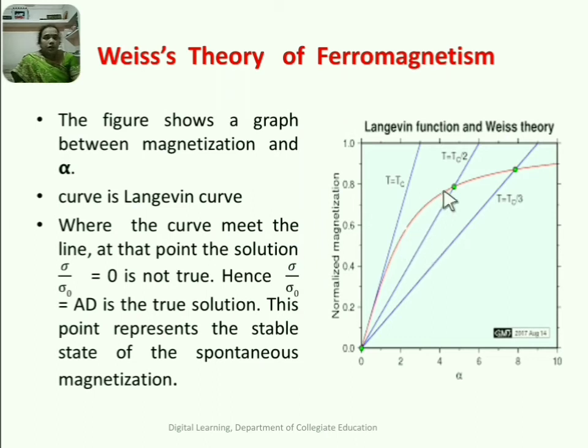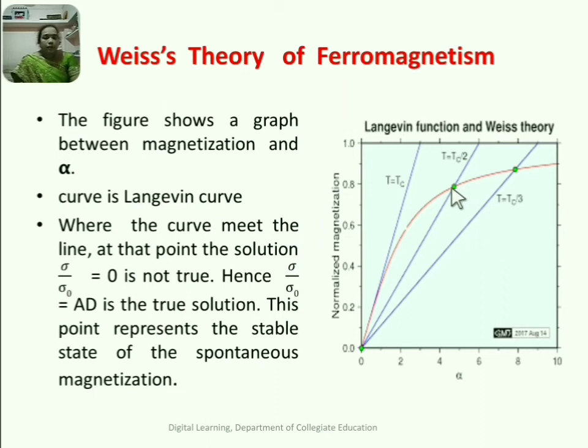This curve represents equation 3, the straight line represents equation 4, and where the curve meets the line, at this point, the solution sigma by sigma naught equal to 0 is not true.